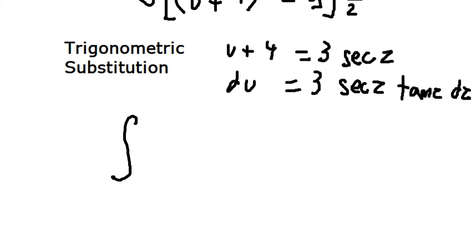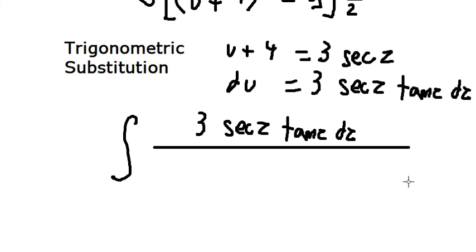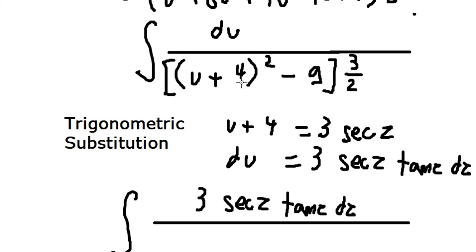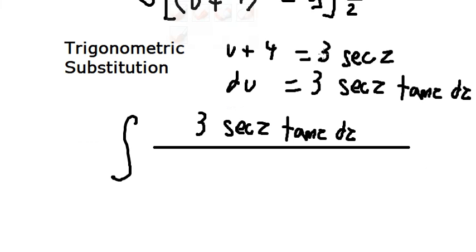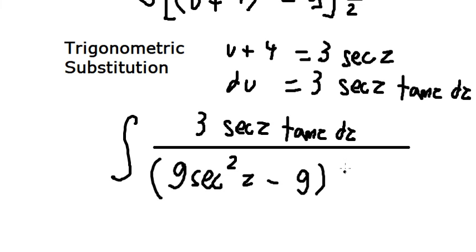This one we can put in here. So u plus 4 we change for 3 secant of z. We put this one with the power 2, and you get 9 secant of z square minus number 9 to the power of 3 over 2.